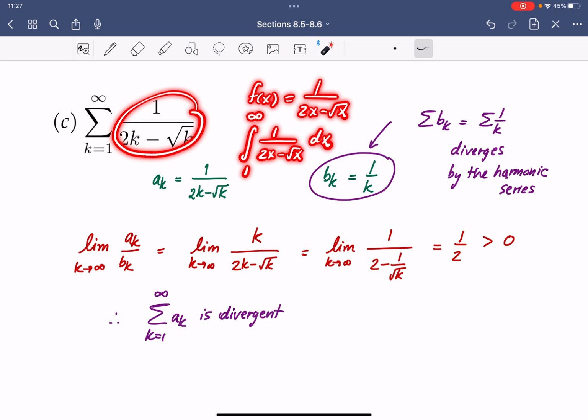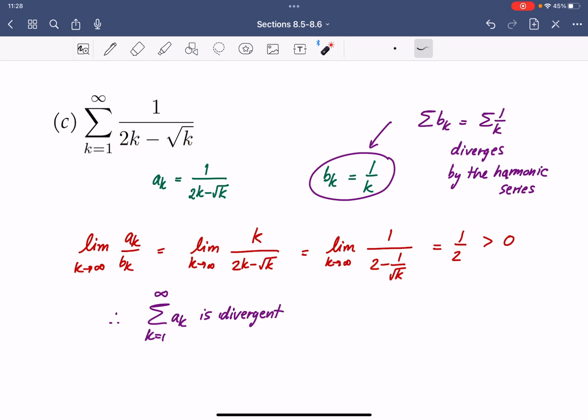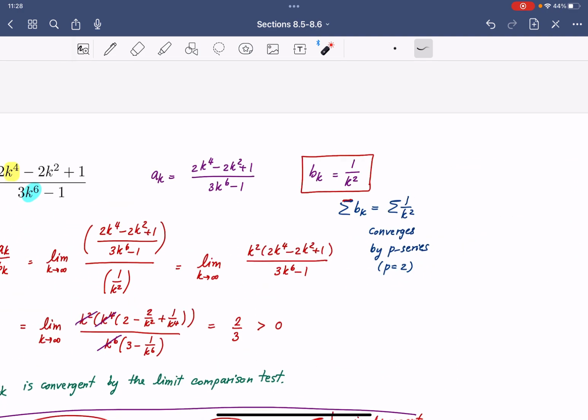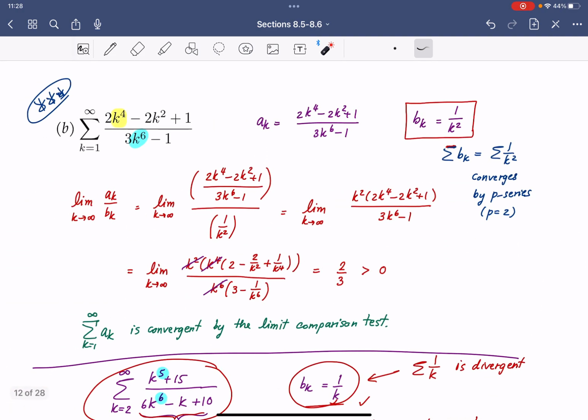You can see that the limit comparison test is the easy one when you see polynomial over polynomial. You can find any b_k that makes the limit easy to compute, and then that's all you need for this one. Make sense? All right, there's going to be a question like this for sure on the exam, like the midterm.